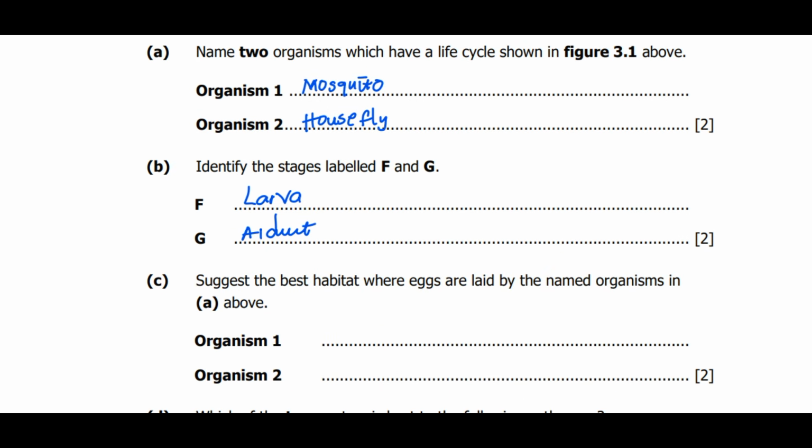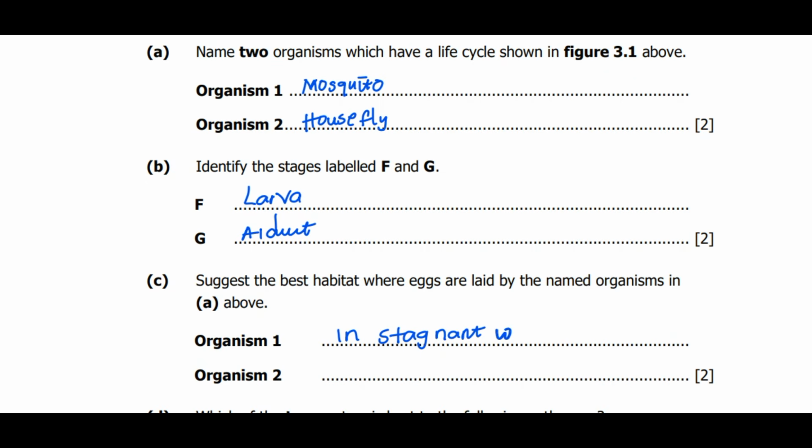Then C, suggest the best habitat where eggs are laid by the named organisms in A above. So what did we say one is? One is mosquito. So mosquito in stagnant water. Stagnant water is just water that is not moving.